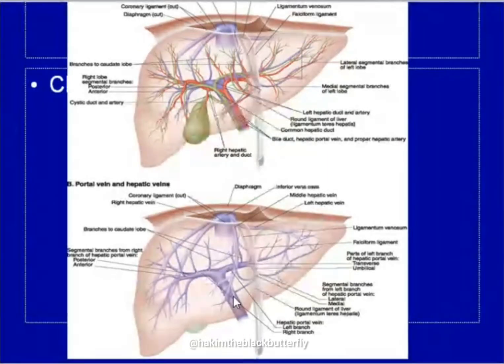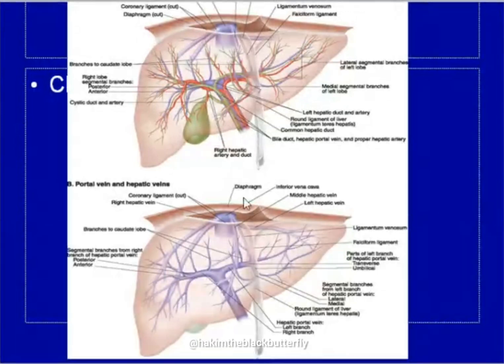What is bringing oxygen to the liver cells is the hepatic artery. Because if the cells of the liver are to filter this blood, they need oxygen. So the oxygen comes in through the hepatic artery. Blood which is going to be detoxified by the liver cells comes in through the portal vein, and the oxygen those cells are going to use to carry out their functions comes in through the hepatic artery.